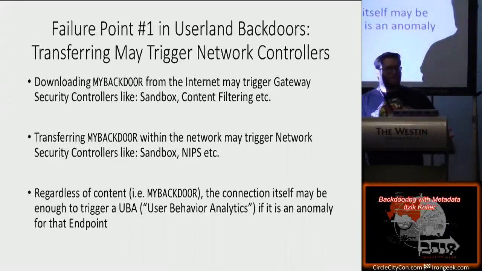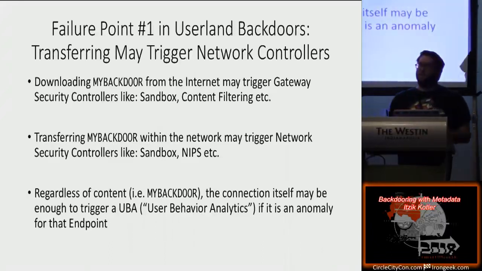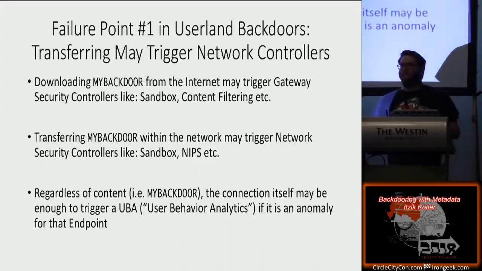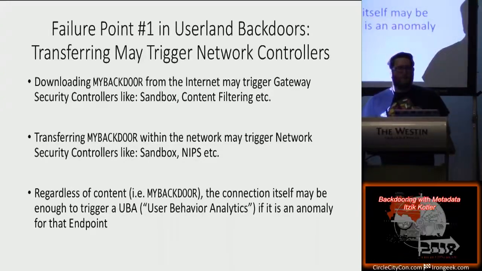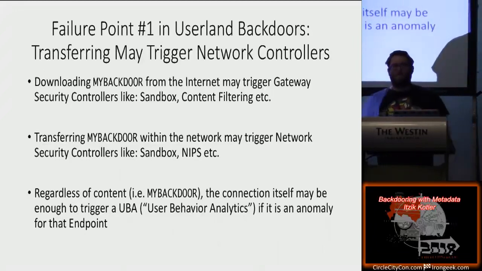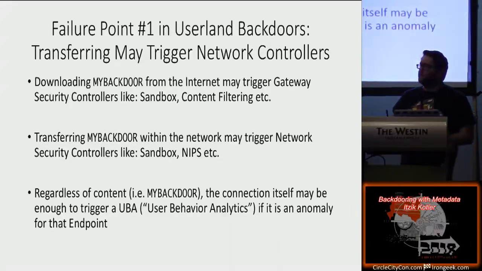We can see that even transferring the sample within the network, so if it's not your first station at the network, it's your second or third, even internally passing it between segment to segment, we still can encounter controllers like sandbox and network IPS.